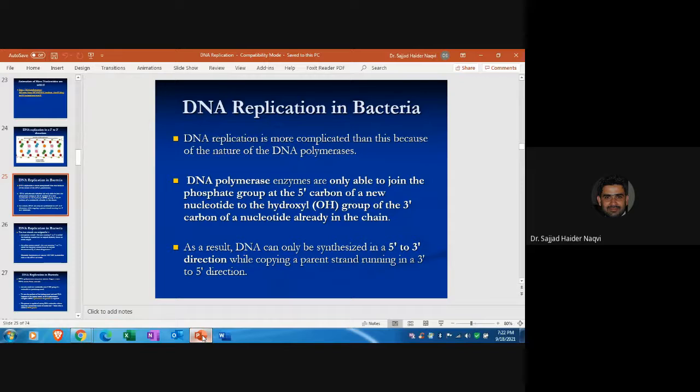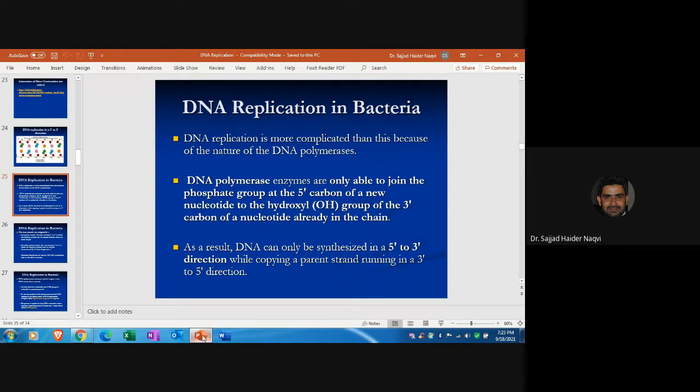Out of all these, the key enzyme, the main enzyme involved in the process of replication, are the DNA polymerases. These are the enzymes which catalyze the joining reaction of nucleotides with the phosphodiester linkage.